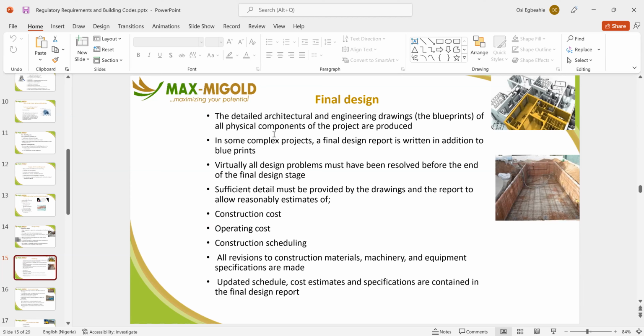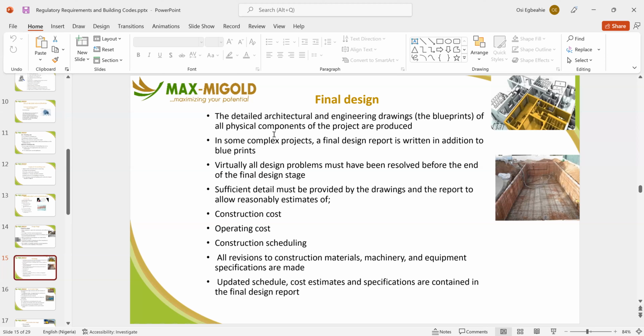Next is the final design. For the final design stage, the determined architectural and engineering drawings, the blueprint of all the physical components of the project, are produced. In some complex projects, the final design report is written in addition to the blueprint and the drawings. Virtually all the design problems must have been resolved before the end of the final design stage.